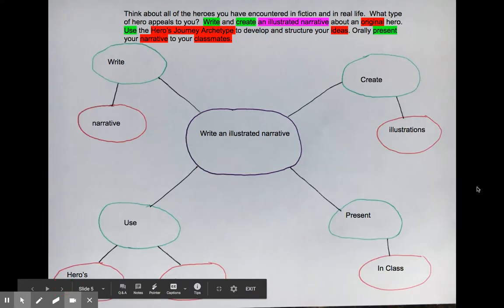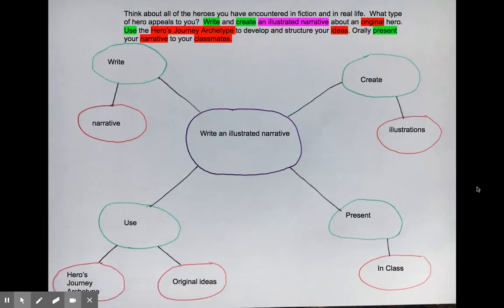Now, as we take a look at it, things that are going to happen are highlighted in red under the right bubble. You're going to write a narrative, right? Already explained, a narrative is basically a story. Okay, now moving over to the right, how are you going to create?